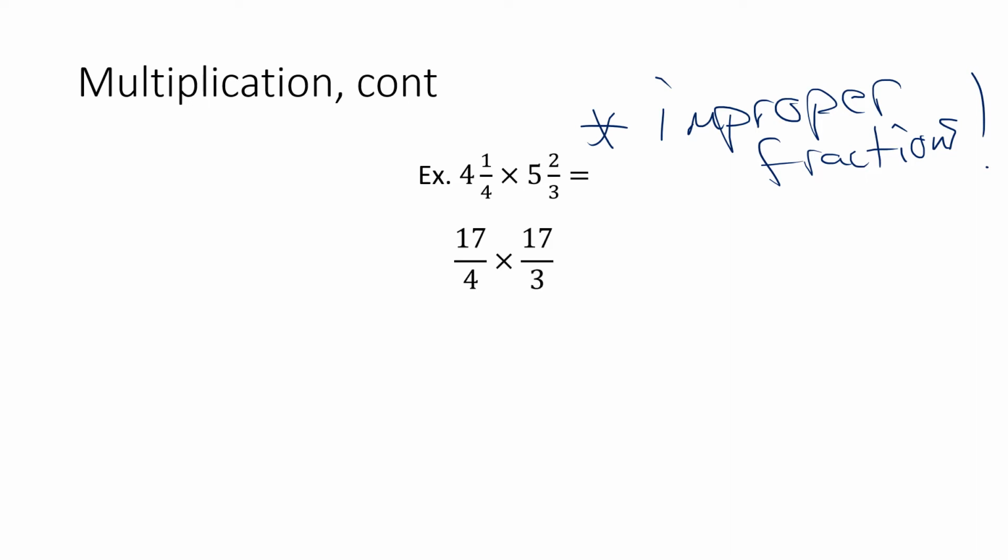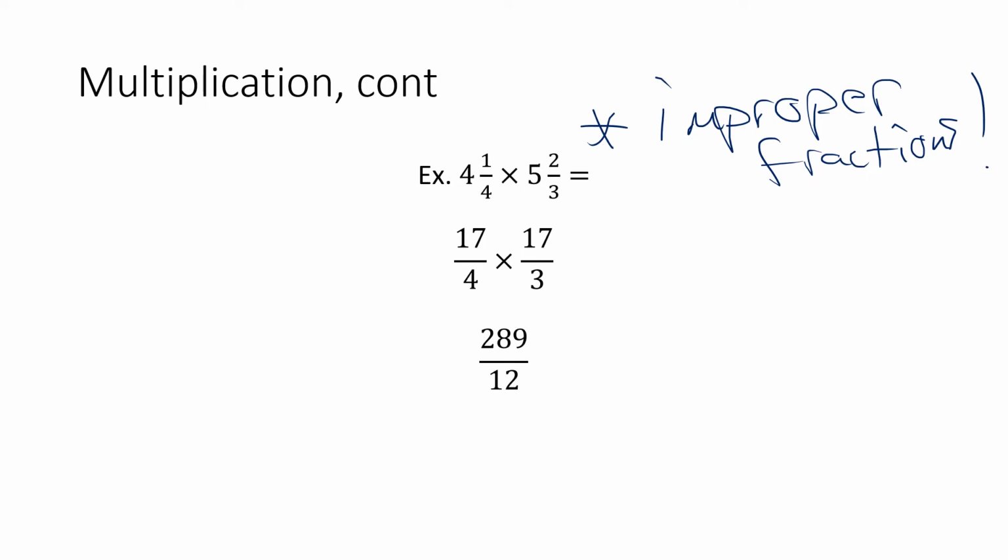So we have to turn them into improper fractions. So remember how we do that, our denominator times our whole number, plus our numerator, which is 17 all over the denominator. Same thing here, 3 times 5 is 15 plus 2 is 17. So now that we have our fractions improper, we can multiply them. 17 times 17 is 289, 4 times 3 is 12.